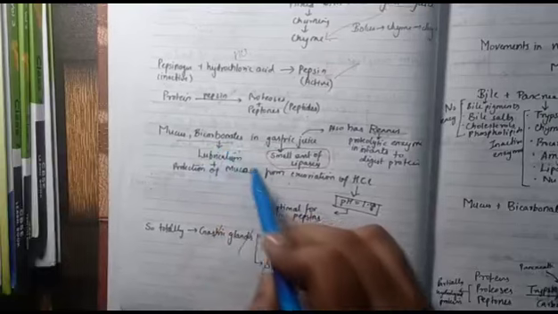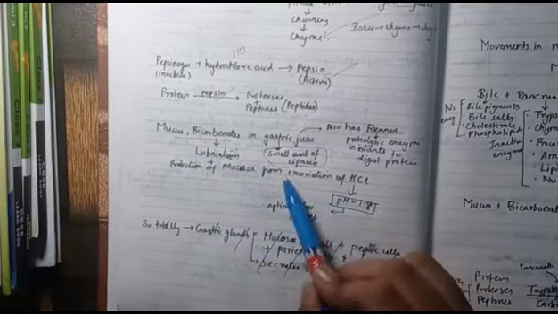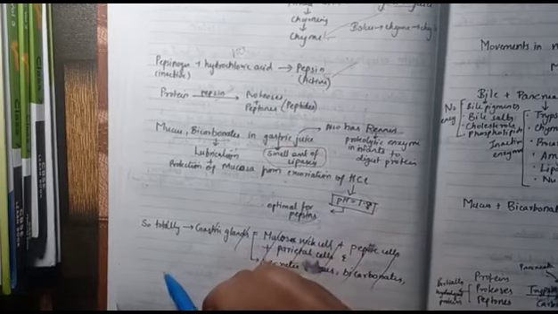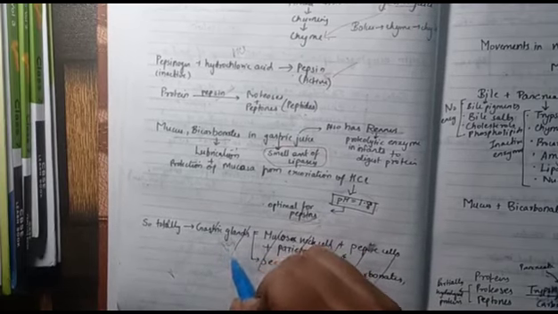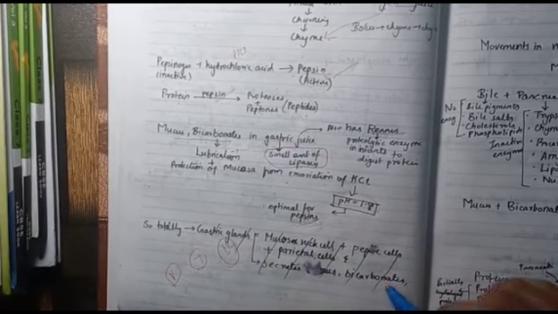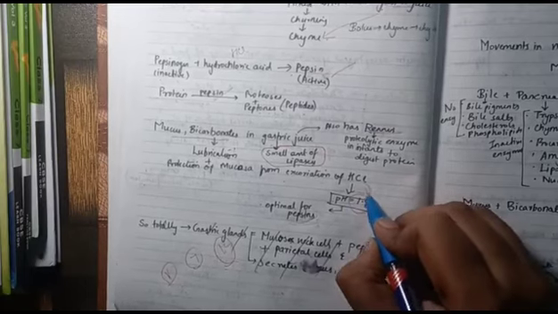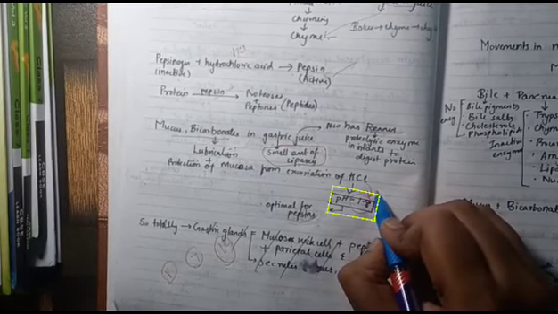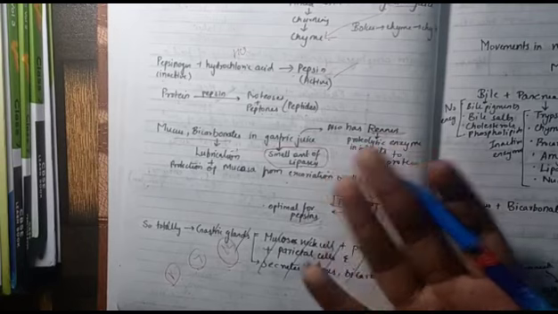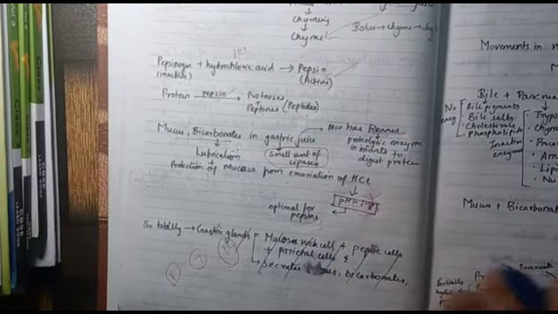Now mucus and bicarbonates help in lubrication and protection of the mucosa from excoriation by HCl, because pH is 1.8, it is very acidic, right? On the pH scale from 1 to 14, in between 7 is neutral, 1 is very acidic, 14 is very basic, we all know that. Now pH 1.8 means it's near 1, that means HCl is very acidic. We all know HCl in its normal form outside itself is very harmful to the human body parts.